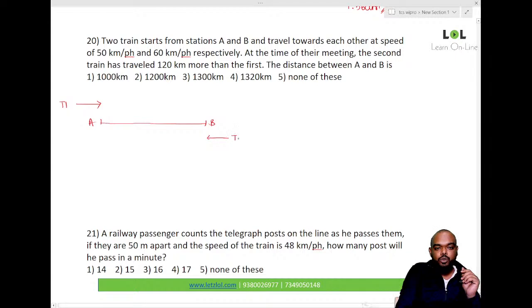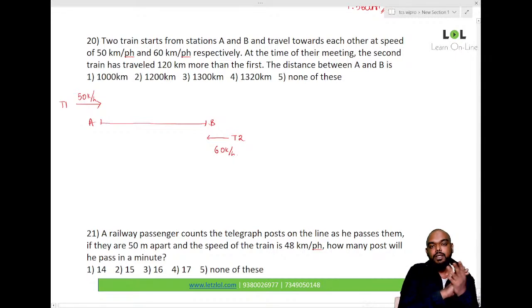Both are traveling towards each other in opposite directions at the speeds of 50 km per hour and 60 km per hour. At the time of their meeting, the second train has traveled 120 kilometers more than the first train. The distance between A and B is?